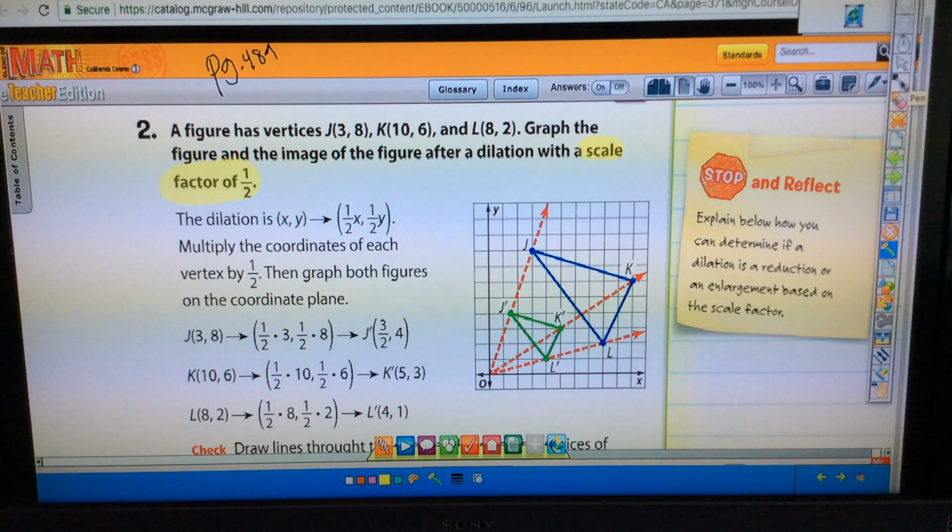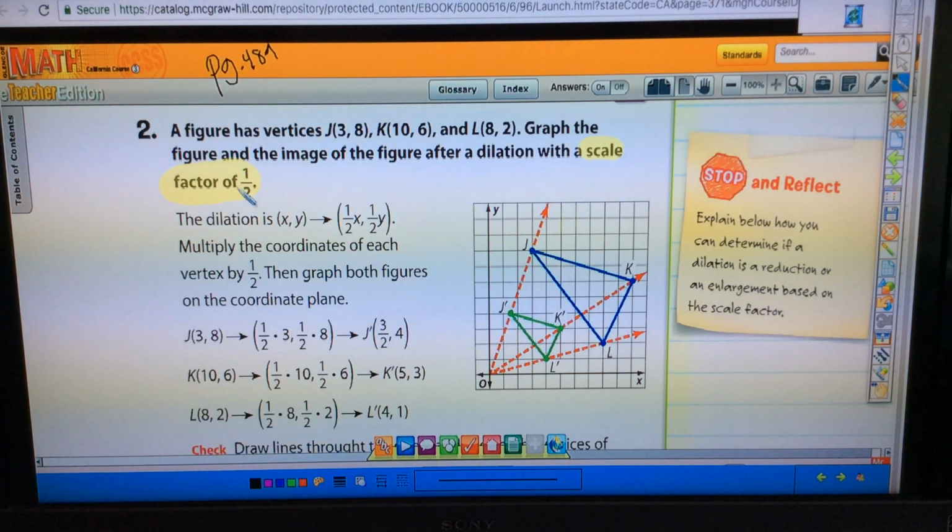The only thing I'll say is if your scale factor is a repeating decimal, leave it in fraction form. So you don't forget about on the calculator AB/C, right? That's a good option. Or, in this case, you can just turn it into a decimal 0.5. Either way is fine.